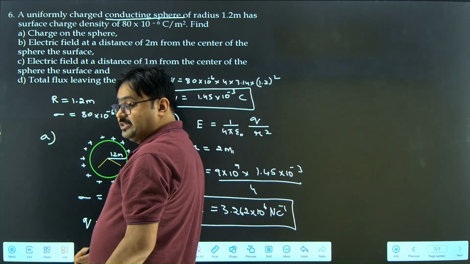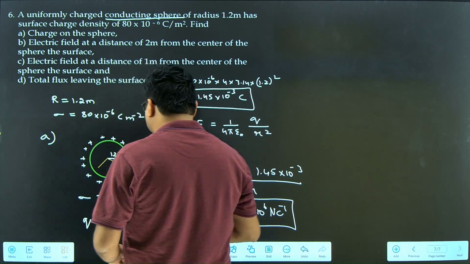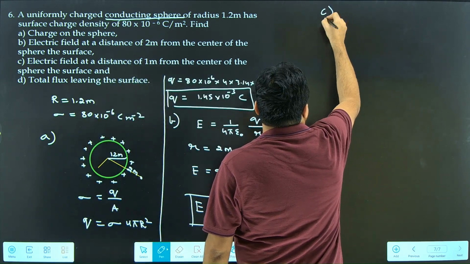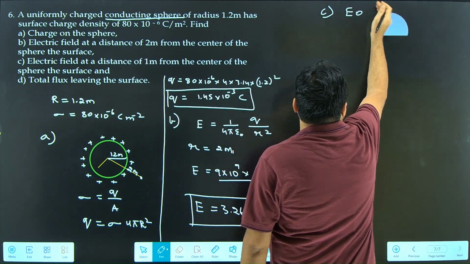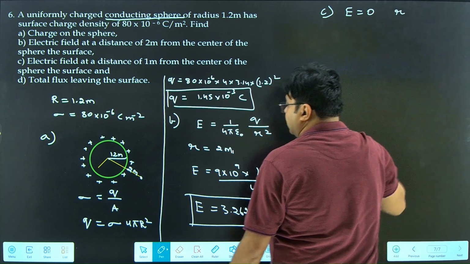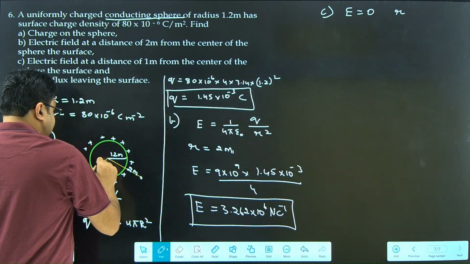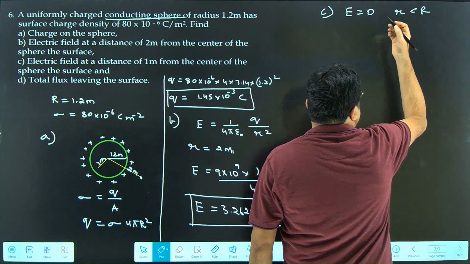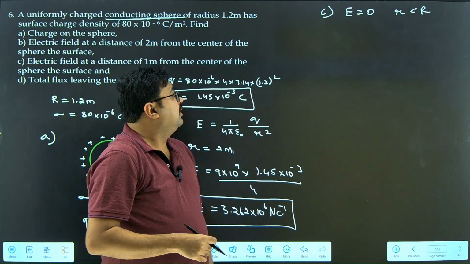Because this is less than the radius, for the c part of the question the answer would simply be 0, because r that you're talking about, which is 1 meter in this case, is less than the physical radius, hence electric field is going to be 0.